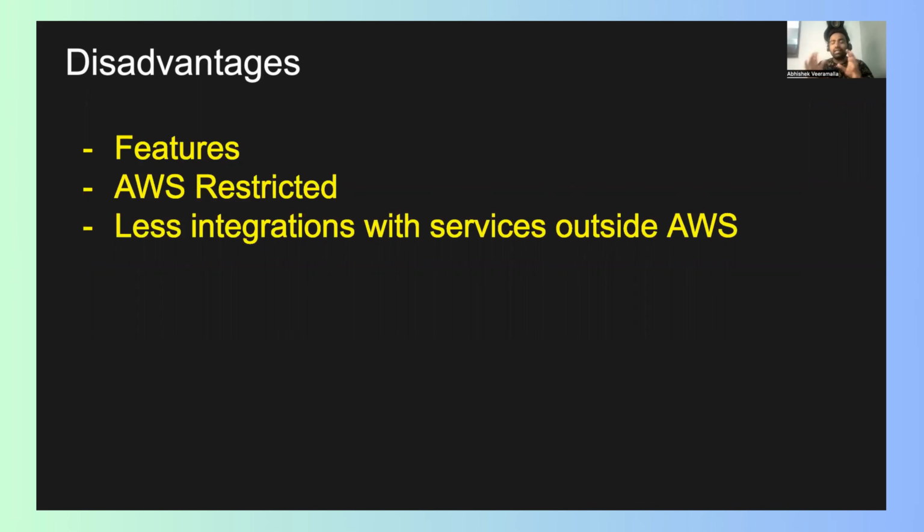GitHub.com or GitLab or any other such tools have advanced collaboration and integrations with a lot of tools, whereas AWS CodeCommit is very restricted. If you are already using any other version control system, you'll find it very difficult to use AWS CodeCommit. That's the reason why AWS CodeCommit is very little used by organizations.